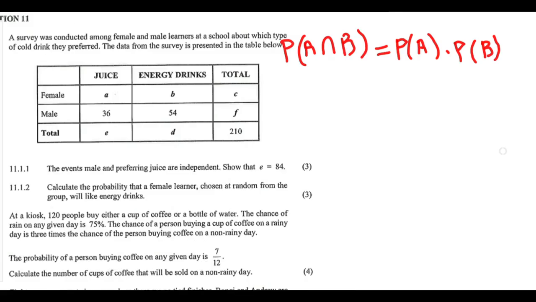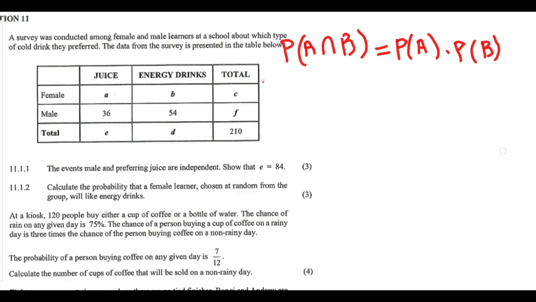For two events A and B to be independent, we always say the probability of A intersection B is equal to the probability of A multiplied by the probability of B. In this case, the events are male and preferring juice.